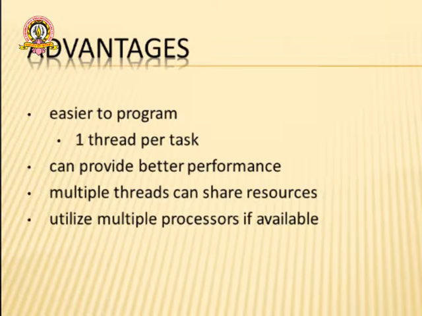As for the disadvantages of multi-threading, with too many threads, one thread may be waiting for a resource and the other thread is also waiting for the same resource. So there are more occurrences of deadlocks. Deadlock may occur, and that is one of the disadvantages.